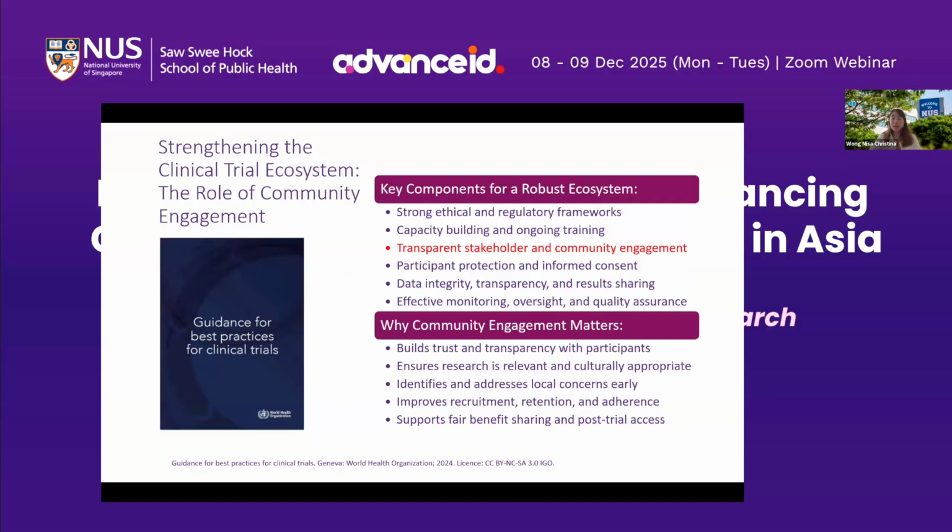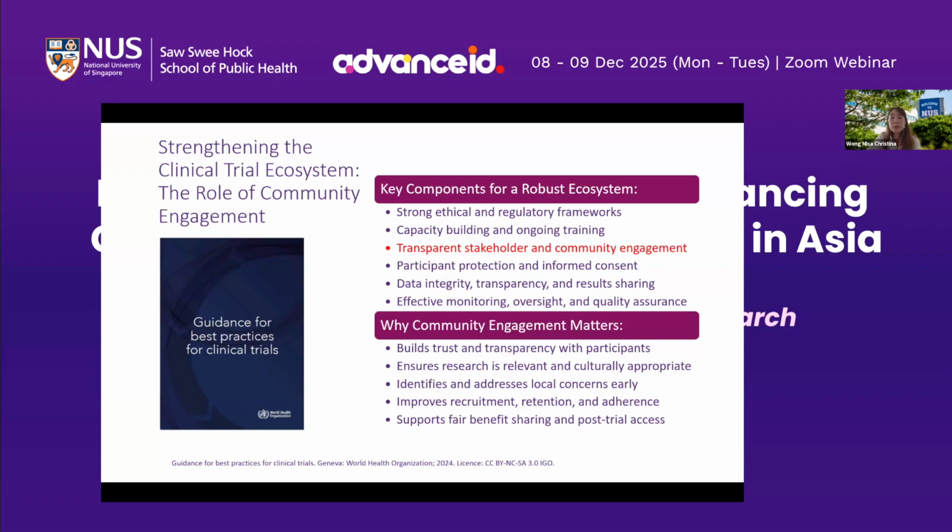Okay, so I just want to share with you that the WHO also has guidelines including community engagement as one of the key components to strengthen the clinical trial ecosystem. Community engagement is essential because it builds trust between researchers and participants, helping to overcome skepticism and potential resistance.